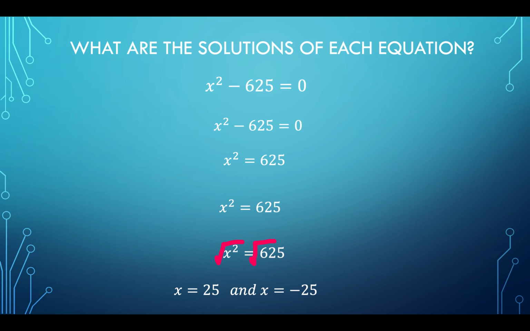The reason you can have a negative number is because if you did negative 25 squared, it'd be negative 25 times negative 25, you'd get the positive 625 back. So there's two ways to get a positive number. Two positives multiplied together and two negatives multiplied together.